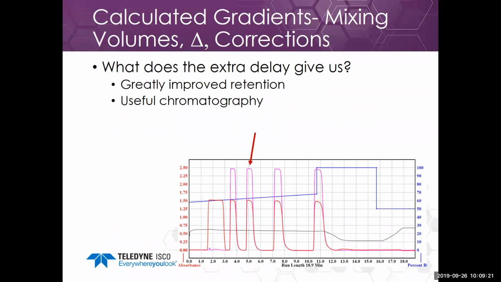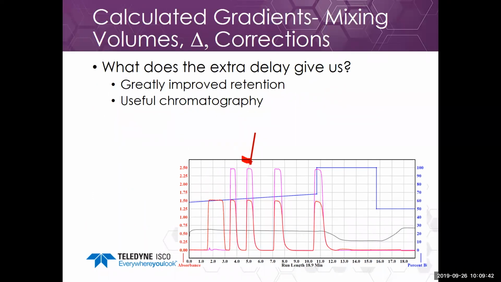When you add in this mixing volume or delta or correction, you now see that you have a nice resolution of your second compound compared to everything else. You get greatly improved retention. You get useful chromatography.